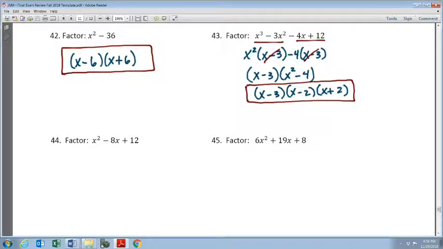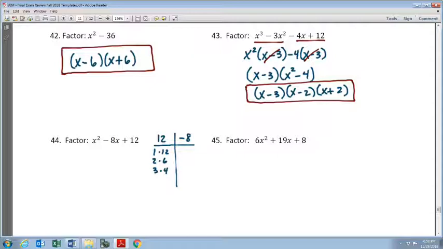On number 44, we've got 3 terms. This is looking like we're going to be able to use the AC method. And so we need 2 numbers that multiply to AC, 1 times 12, or just 12, and that add up to negative 8. So let me write the factors of 12 here.